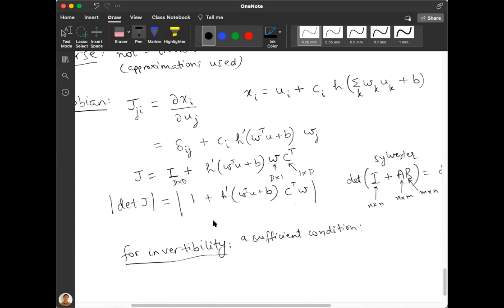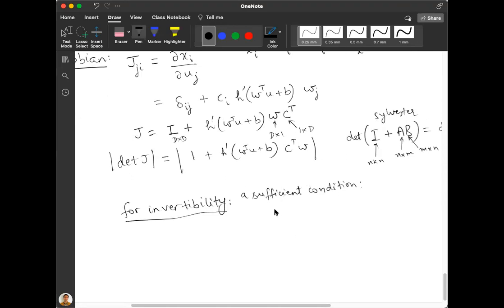So you can see here that when this whole thing is always greater than 0, then this will definitely be invertible. So I will say 1 plus h dash C transpose W is greater than 0. Now h dash is a scalar, and h dash will have some values. Let's take 1 to the other side. Then it becomes C transpose W should be greater than minus 1 upon h dash.